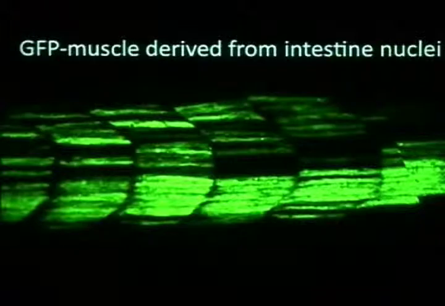So when you do a nuclear transplant like I've just mentioned, you can obtain a larval tail with these single muscle cells, GFP-marked because they derive from intestine, and they are nicely integrated with the muscle of the host, normal tadpole, which are, of course, not GFP marked and are shown there. So there's this fairly dramatic switch from the intestine to muscle, and this is the kind of reversal which we're talking about.